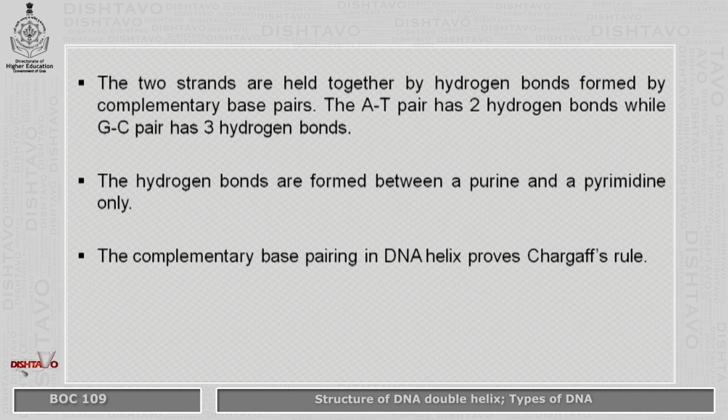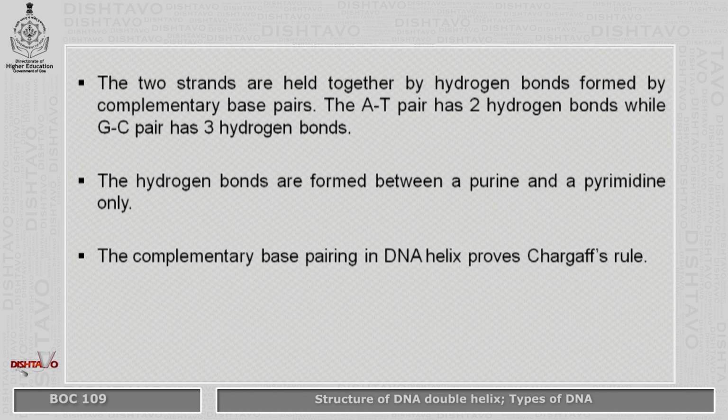The hydrogen bonds are formed between a purine and a pyrimidine only. In the DNA double helix, you will not find a purine binding with a purine and you will not find a pyrimidine binding with another pyrimidine. It is always a purine which will form hydrogen bonds with a pyrimidine.